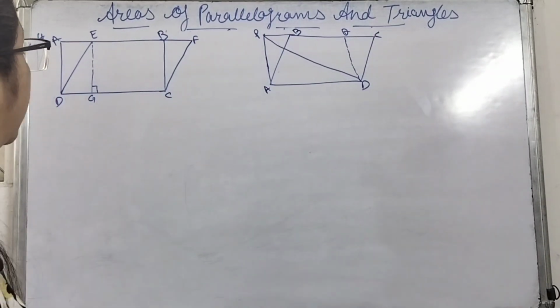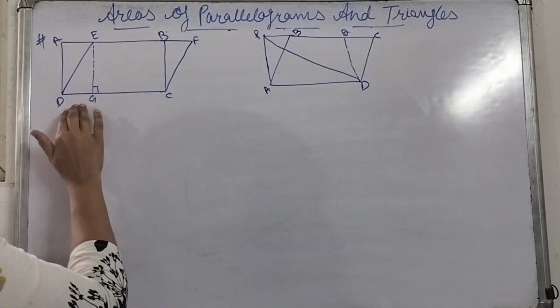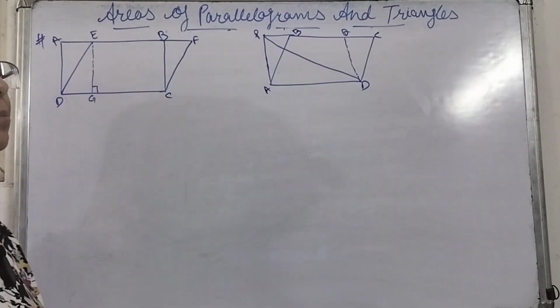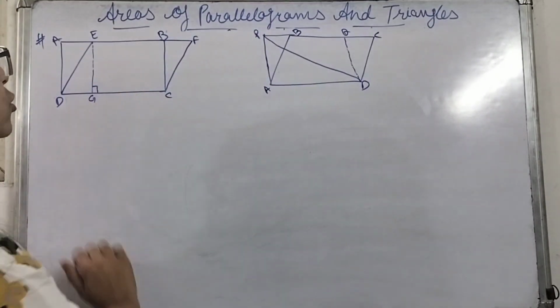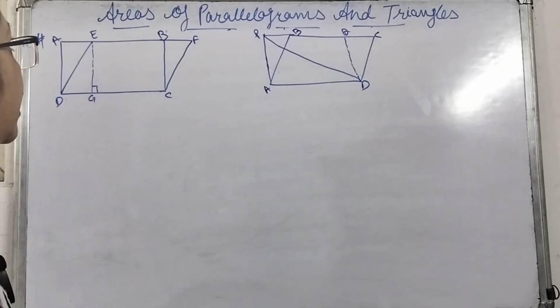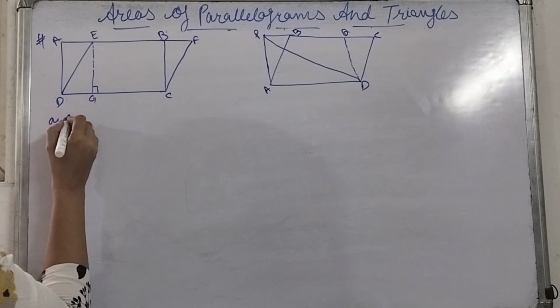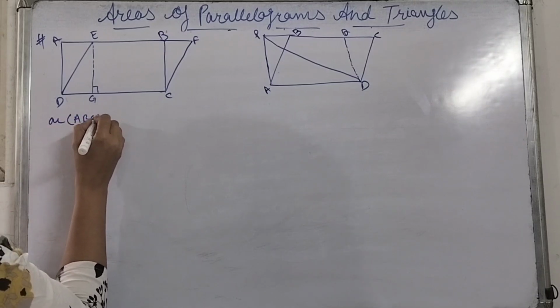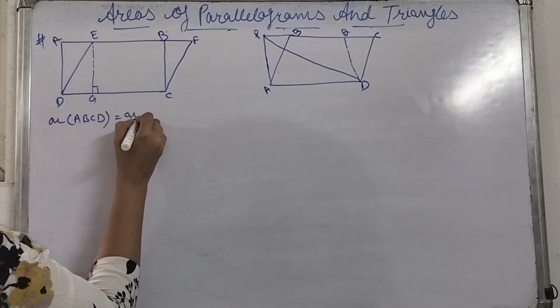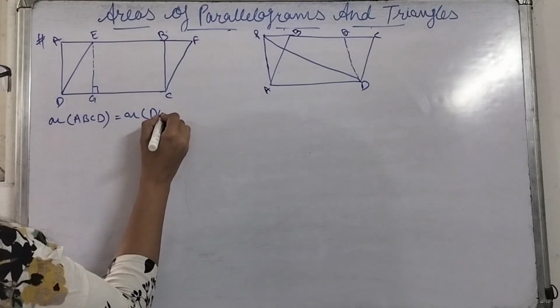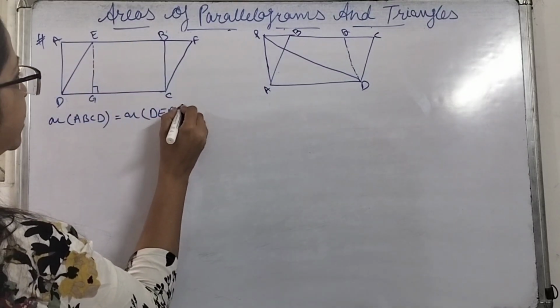Just now we have said that if there are two parallelograms on the same base and between the same parallels, then the areas of these two parallelograms will be equal. Now over here one of the parallelograms is a rectangle. That means the area of ABCD, which is a rectangle, will be equal to the area of DEFC.